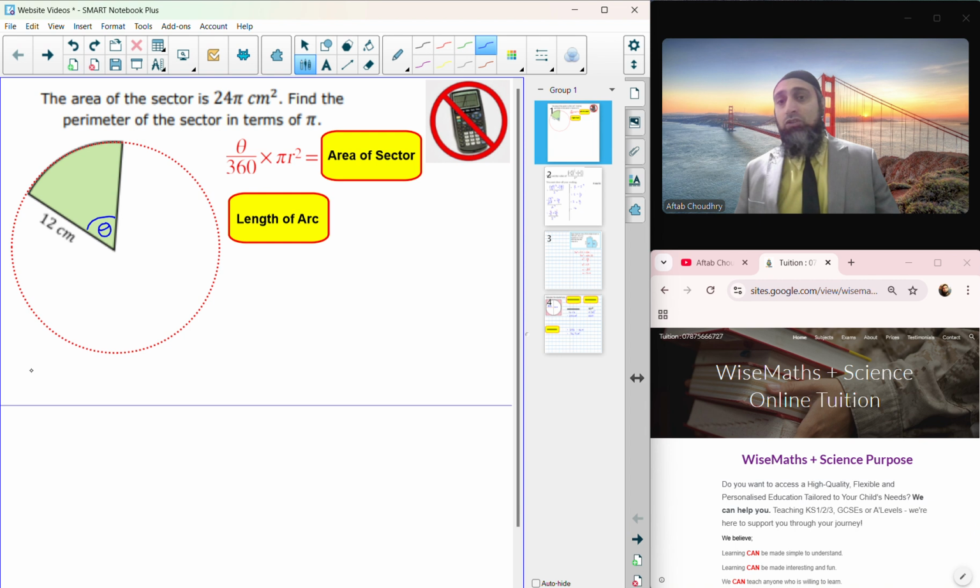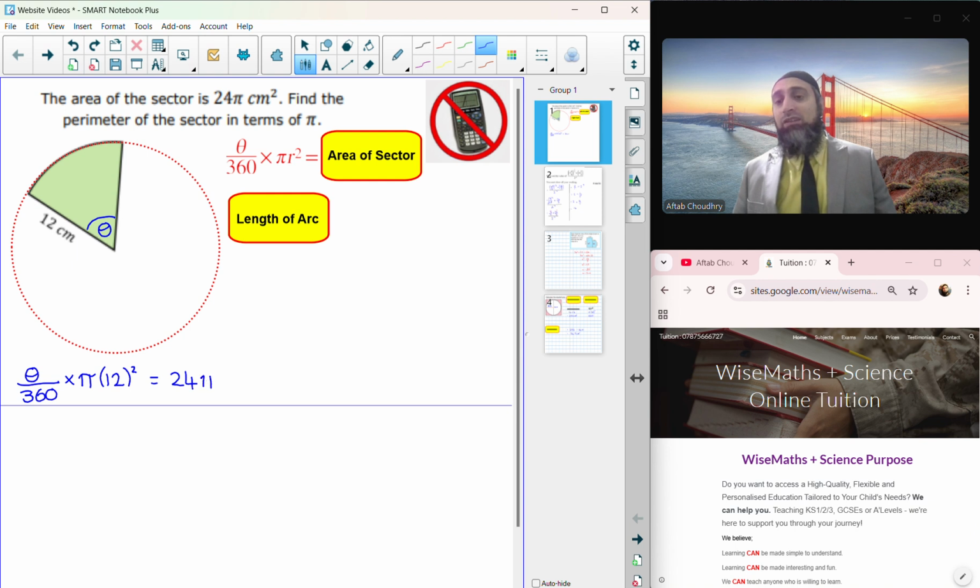Using the equation above, we can say theta over 360 multiplied by pi r squared. We know that the radius is 12, so we write 12 squared, which is equal to what they told us, 24 pi.